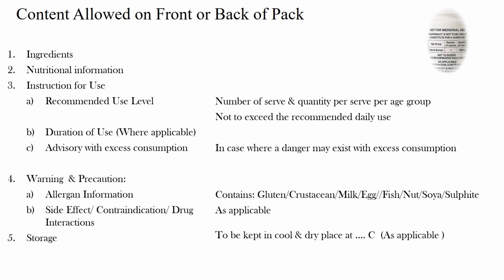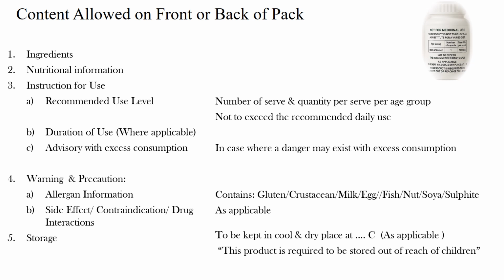In addition to this, you have also to give the storage condition, and here you have also to write separately this product is required to be stored out of reach of children. So these are some of the information which may be placed on the front or back of the pack.